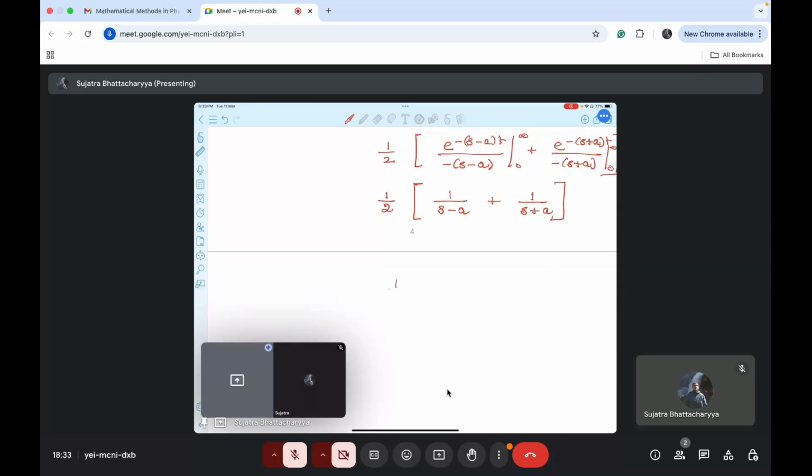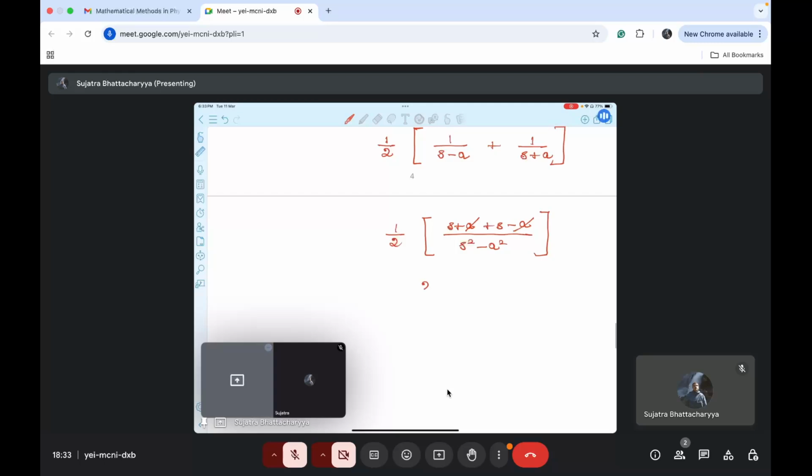Further solving, if you do the summation, it comes out to be (s plus a plus s minus a) over s square minus a square. So a cancels out. It gives you 2s divided by 2 times (s square minus a square). So 2 cancels out. This gives you s divided by s square minus a square.